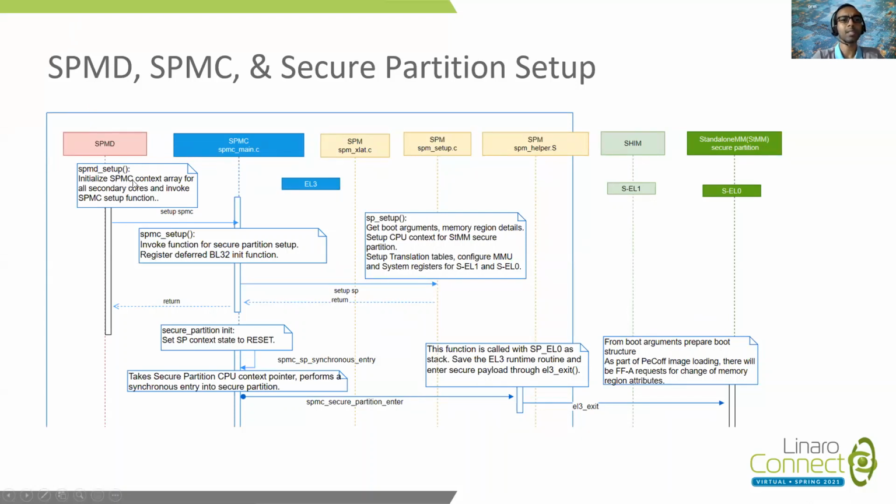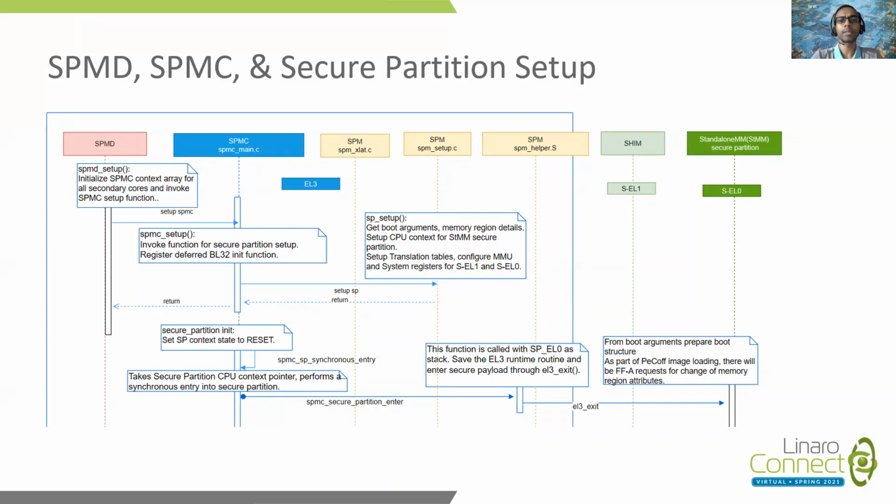It initializes the SPMC context array for all cores and invokes the SPMC setup routine. The SPMC setup routine invokes the secure partition specific setup routine. Secure partition setup will first get the partition specific boot arguments and memory region details, and create memory mapping and a translation table out of it.